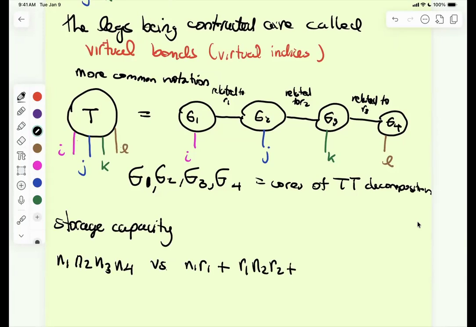This other order 3 tensor would be r2 times n3 times r3, and this other one being r3 times n4, right?